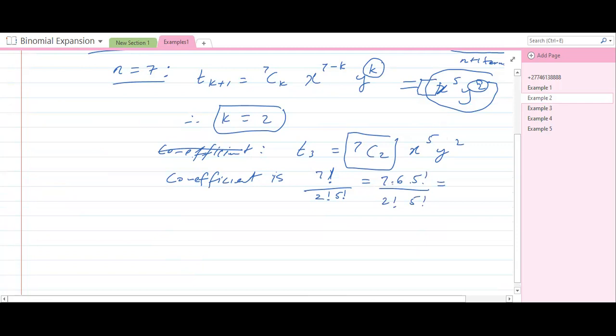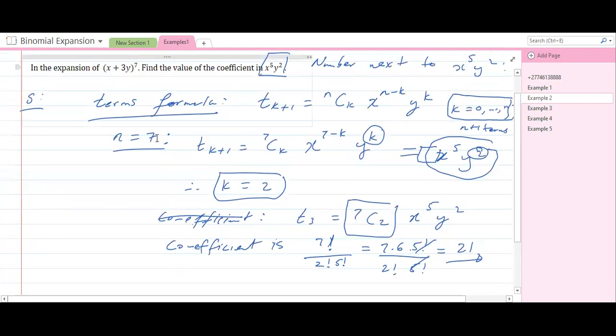So we're getting 7 times 6, which is 42. Dividing by 2 is giving us 21. So the value of the coefficient is 21. The value of the coefficient is 21, the coefficient of x to the power 5 y squared in the expansion of x plus 3y to the power 7.